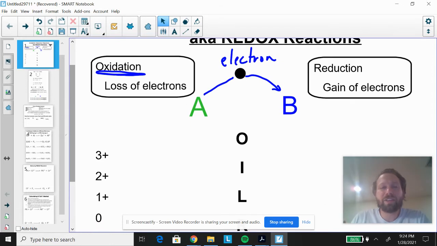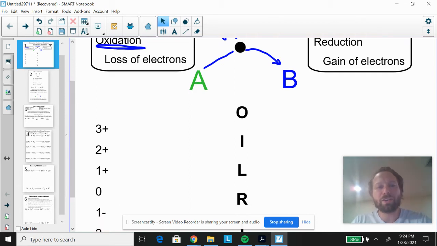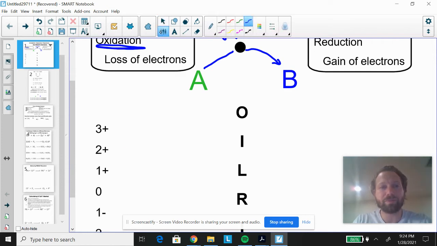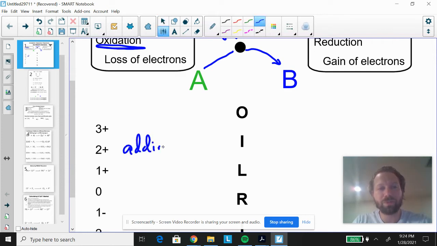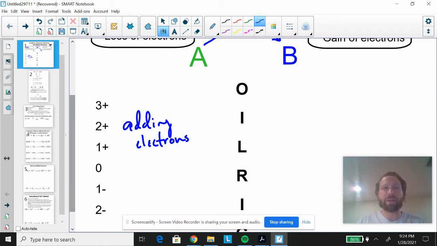And this changes the nature of the elements that you're dealing with here. So one thing we note is that when you are adding electrons, you are going down in charge. So if I'm taking on more and more negative electrons, my substance is going to be more negatively charged.